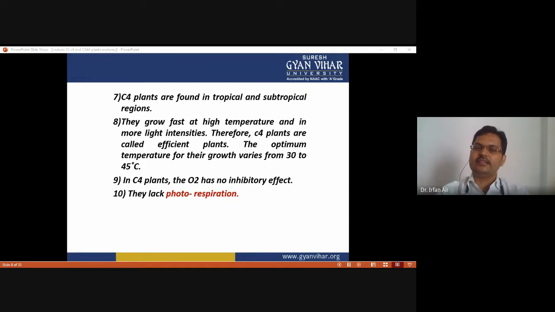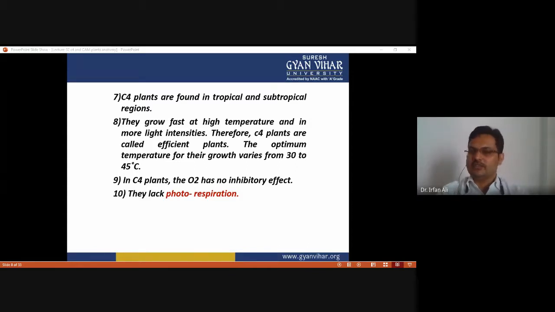You can say that these plants can tolerate high temperature and high light intensity, and therefore C4 plants are called efficient plants. They can tolerate temperatures even up to 45 degrees and still carry out photosynthesis. The optimal temperature for their growth varies from 30 to 45 degrees Celsius, which is high as compared to C3 plants.